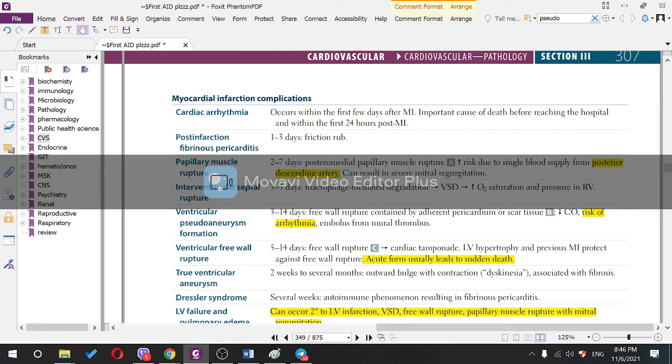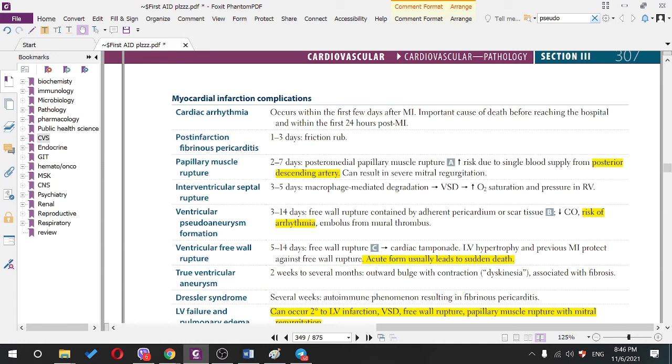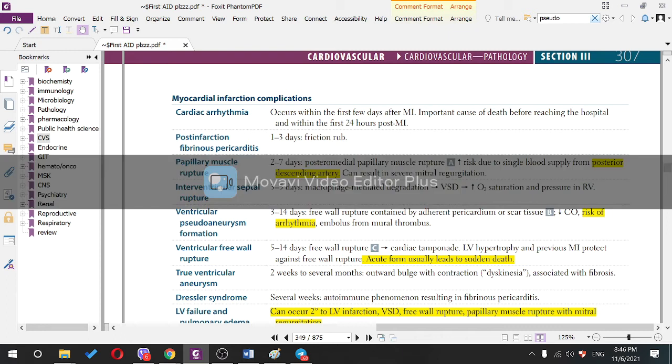The true. While which one between the two has highest risk of tearing? The pseudo. Excellent. Okay. So here they write for us that ventricular pseudoaneurysm has risk of arrhythmia as well because it can play with your conduction system.